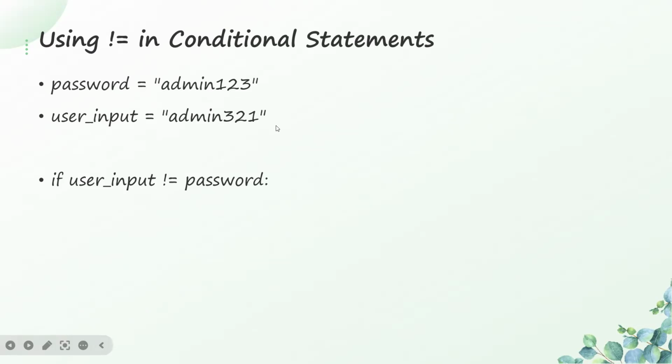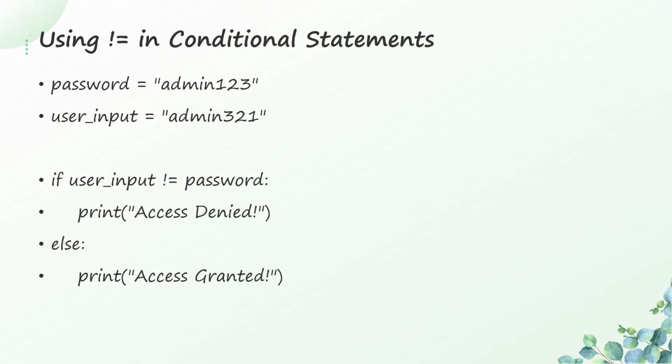So when we say if user input not equal to password, yes, they are not equal, so it will be true, and we are going to tell the user access denied. Don't worry, we'll be using this very well when we start talking about if statements. Basically, the not equal to is checking whether the two values are not equal. If they are not equal, it will return true, but if the two values are equal, it will return false.